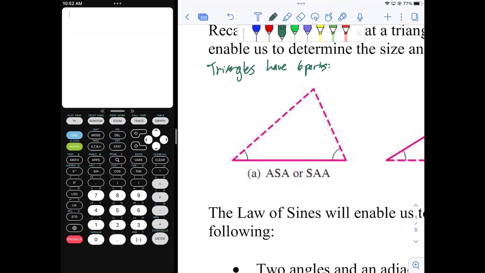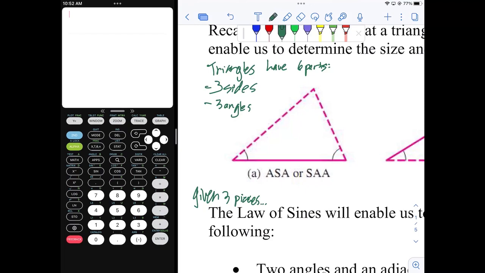They have 3 sides and 3 angles. And what we're going to do in this section is figure out what all 6 of those pieces of information are, given 3 of them. So we're going to be given 3 pieces of information, and we have to determine what's going on.